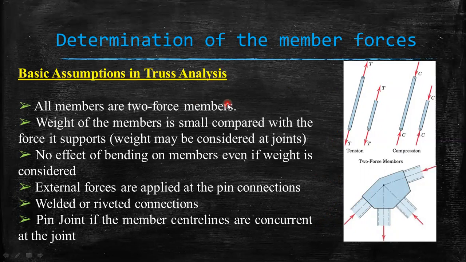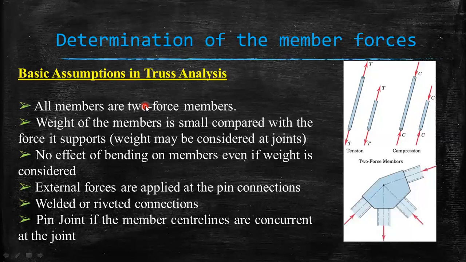So before going to that part, first of all, there are certain assumptions for a truss structure. What are those assumptions with respect to which we can say whether the structure is a truss structure or a frame structure or a different kind of structure?